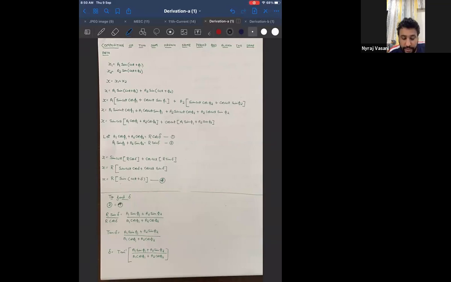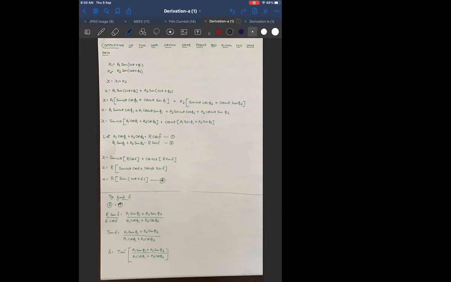Can you see the side heading, superposition of SHMs along the same direction? Check. Look at page 51. In that, they have given the amplitude and the phase. Doesn't it look like a vector formula? Just check.